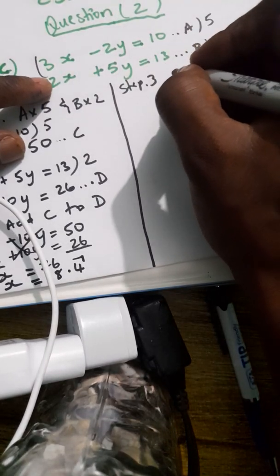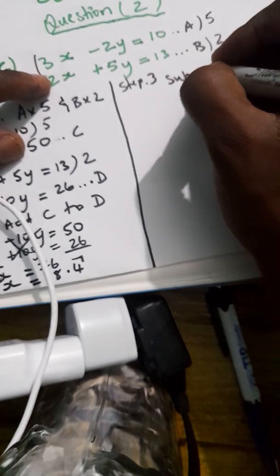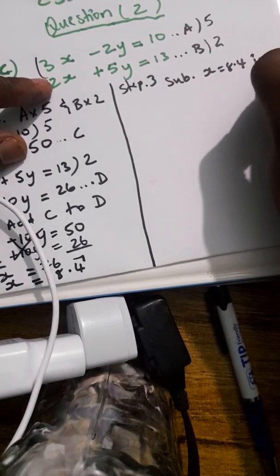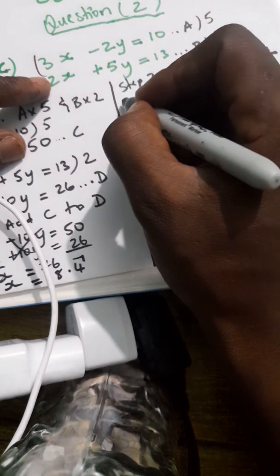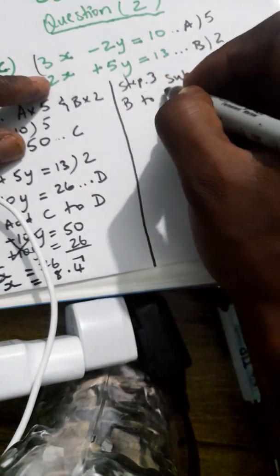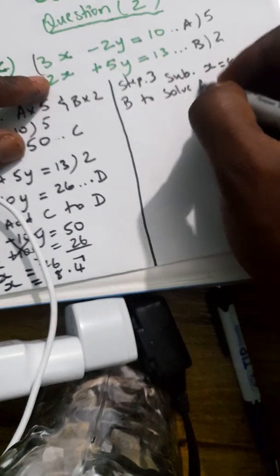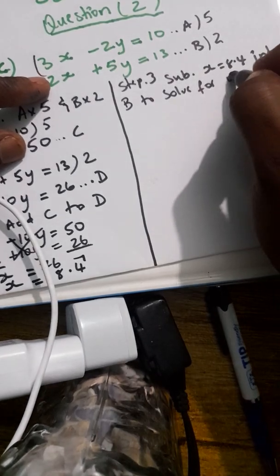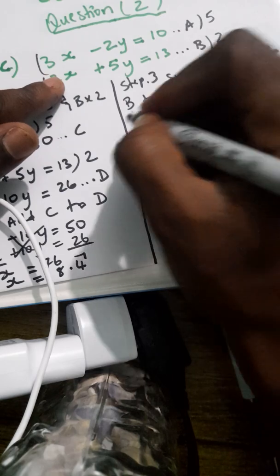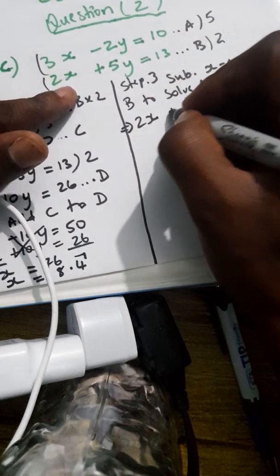Alright, so now substitute x equals 8.4 into equation b to solve for y. Remember, you want to put it where the y is positive. So that is 2x plus 5y equals 13.